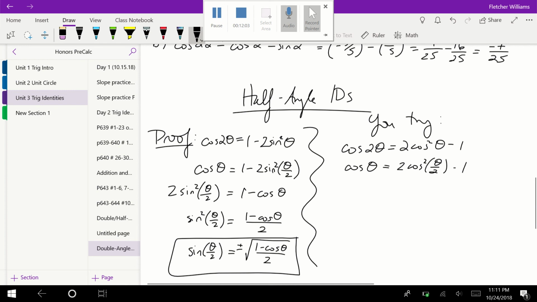So we'll have 2 cosine squared theta over 2 equals 1 plus cosine theta. Divide by 2 and square root. Okay, so divide by 2, square root, plus or minus.